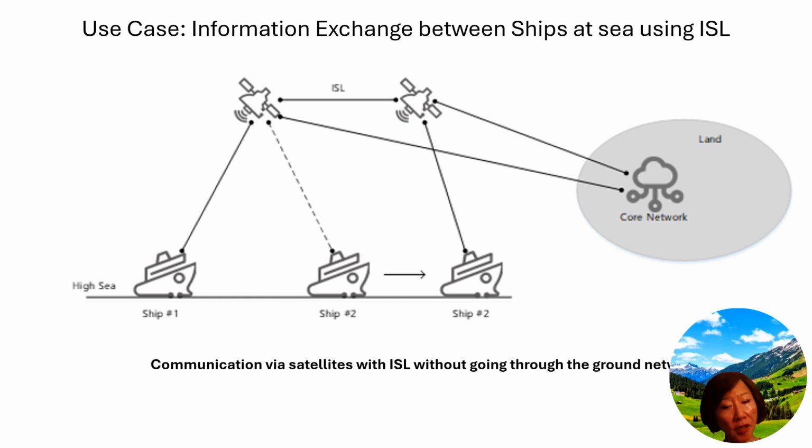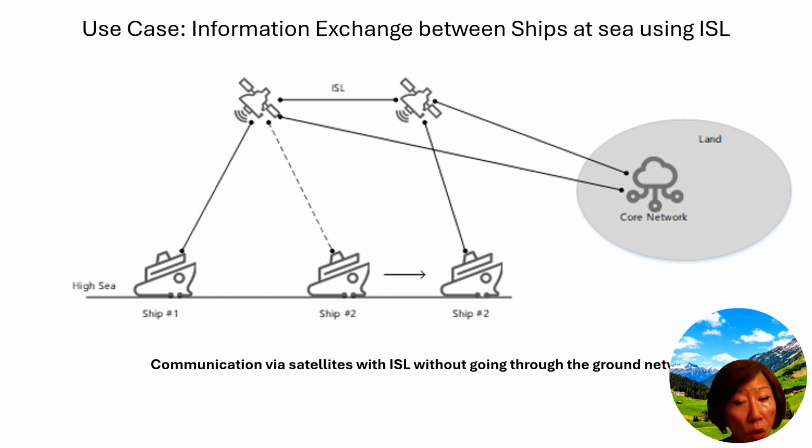So using ISLs, the system can route communications very efficiently, potentially reducing latency and improving network performance. So those are the few things we're always after, right? Reduce latency, improve network performance. I don't want to repeat it, but a lot of these configurations have that in mind, that you have to reduce latency and improve network performance no matter how you provide the connectivity and the communication.